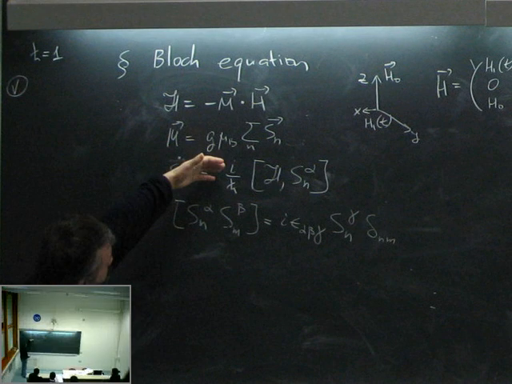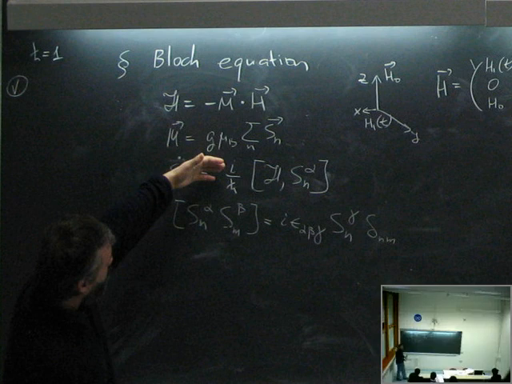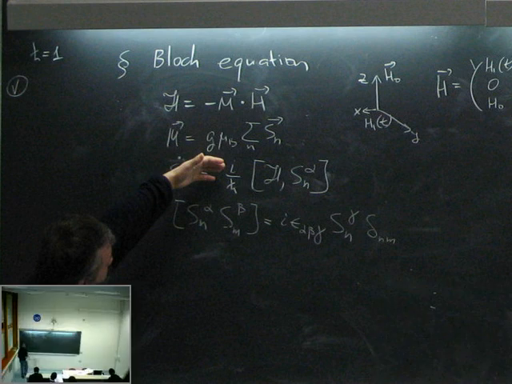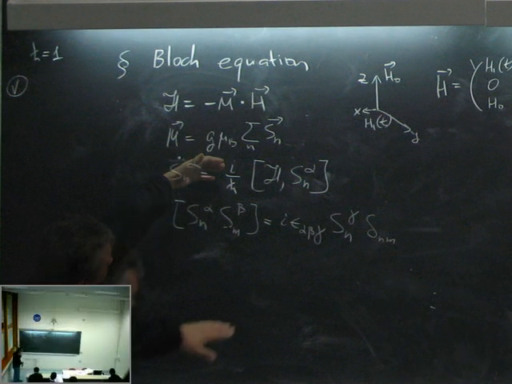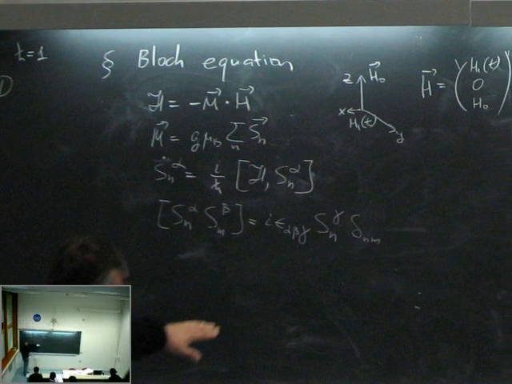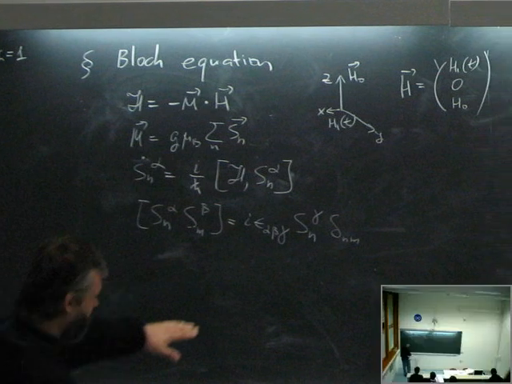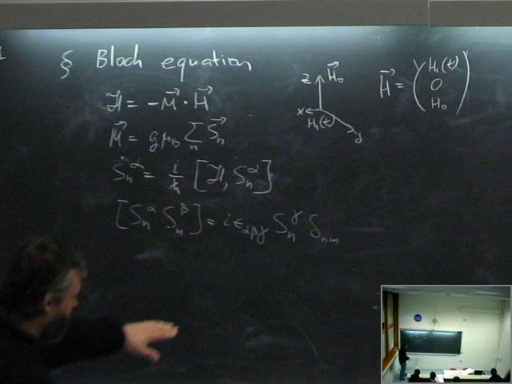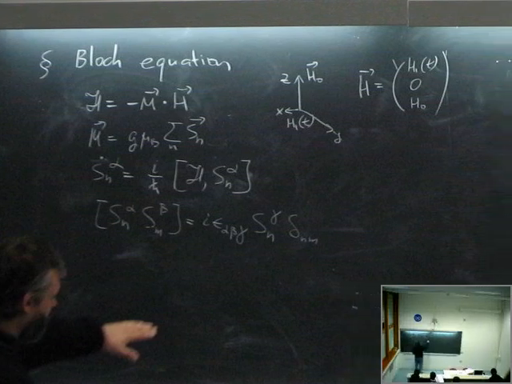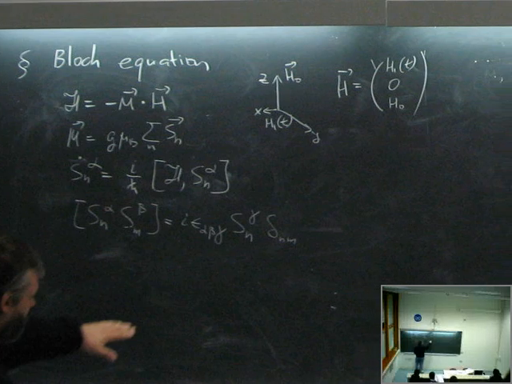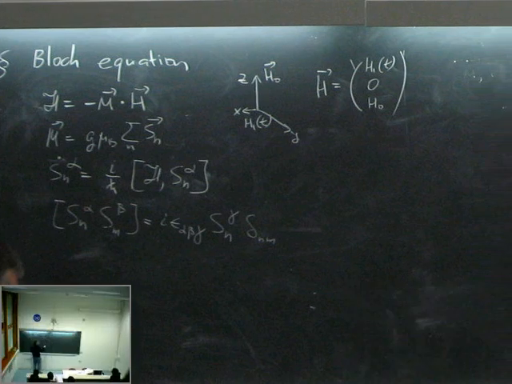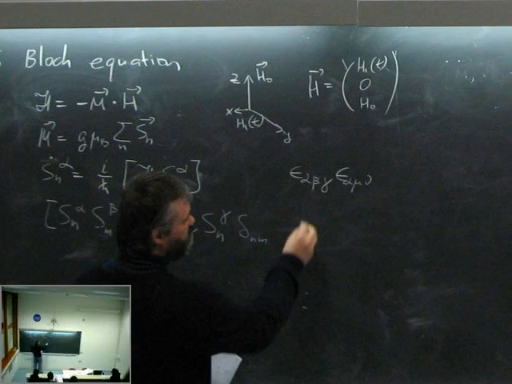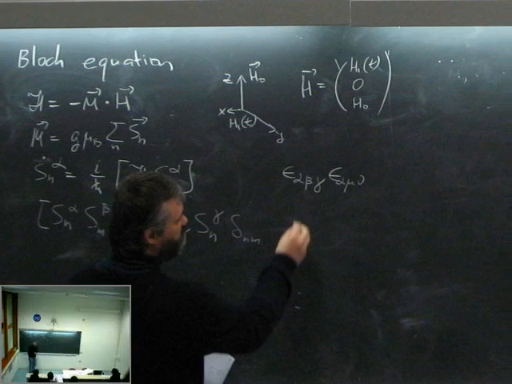Then I will plug in the Hamiltonian and use these commutation relations. And please do this exercise, because the technical point will be to make convolution of two antisymmetric symbols. Are you familiar with this? Epsilon alpha beta gamma is the Levi-Civita symbol. So you know that if you take, say, epsilon alpha beta gamma times epsilon alpha mu nu, I use the same notation, which means that repeating indexes assume summation.